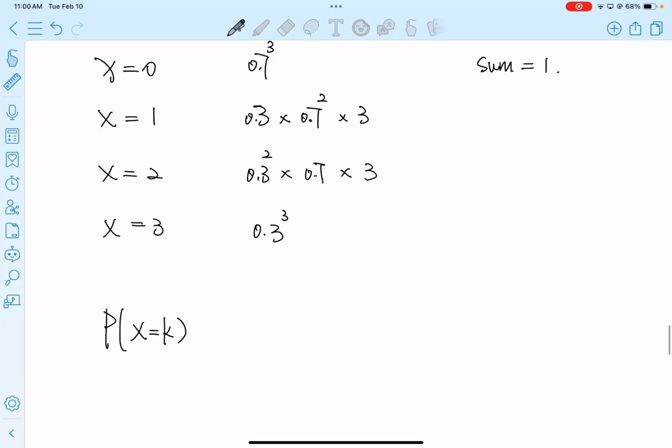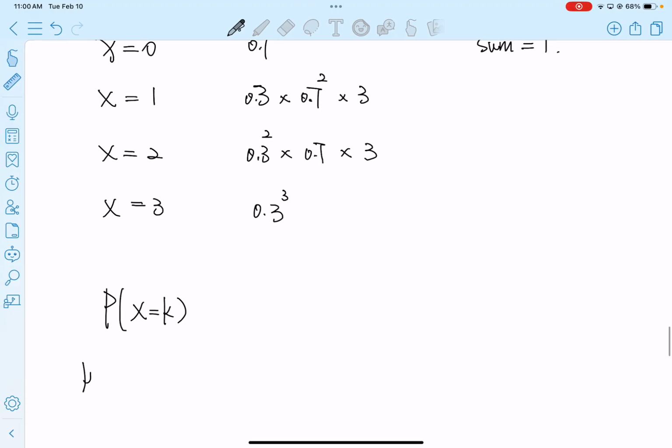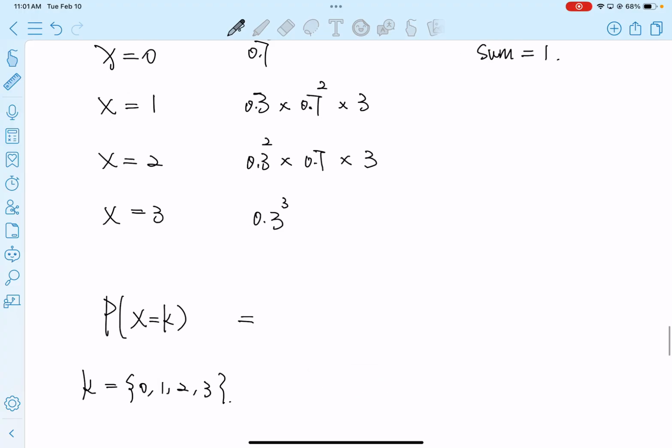In the 3 coin case, k can be equal to 0, 1, 2, and 3. Then we have the part where we calculate the probability of each coin. So for example, 0.3 raised to the power of k, where k represents the number of heads that we observe.